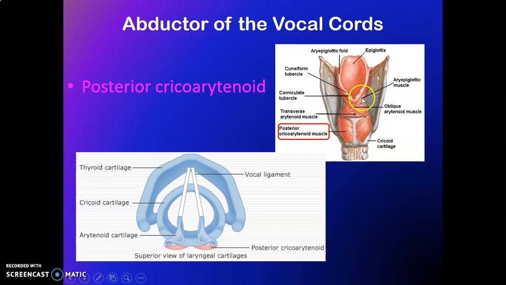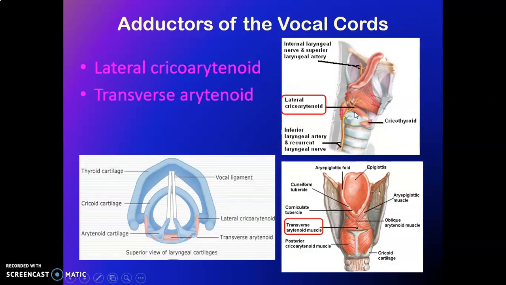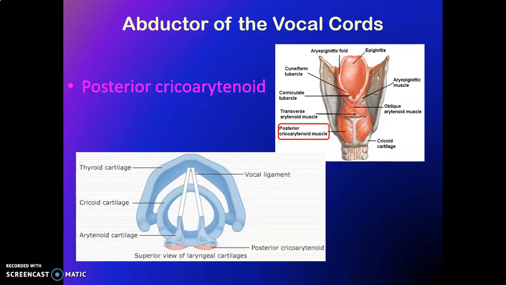So the oblique arytenoid and aryepiglottic muscle were altering the inlet of the larynx. Remember that. Then the transverse arytenoid and lateral cricoarytenoid were causing adduction of the vocal cords. Now we are mentioning that this posterior cricoarytenoid will cause abduction of the vocal cords.